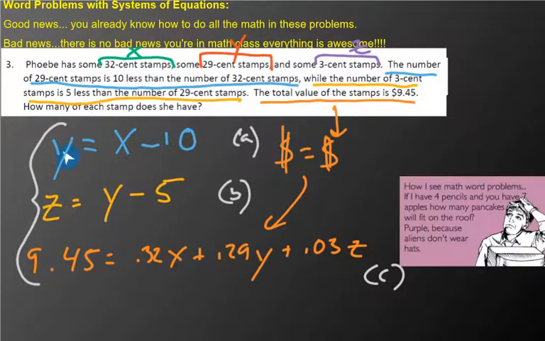Y is already solved for: X minus 10 is Y. You could put it in there, and in there, and then solve a system that just has Z's and X's. That's how I would do it, but I want you to go through the actual computation of it.